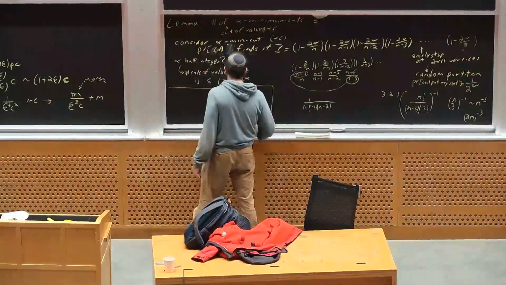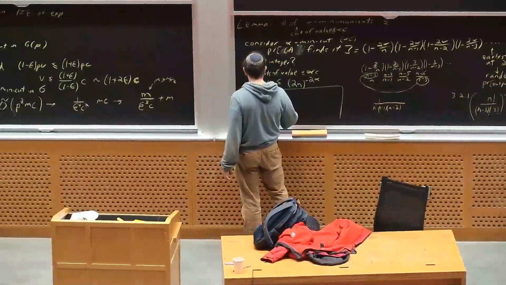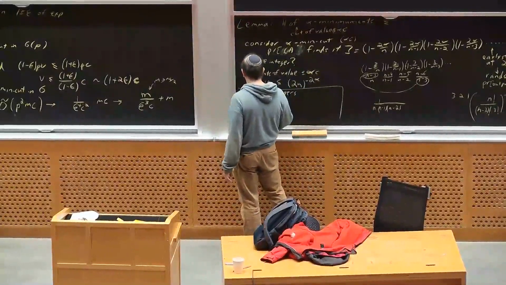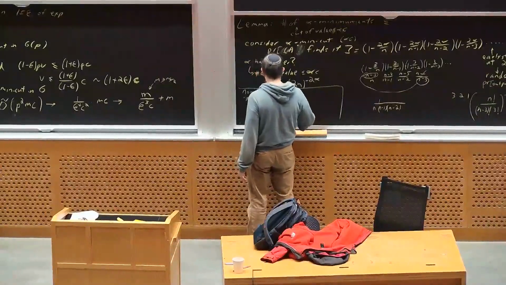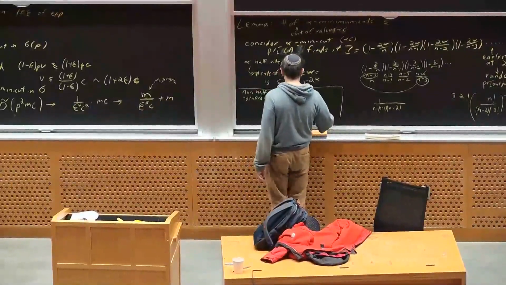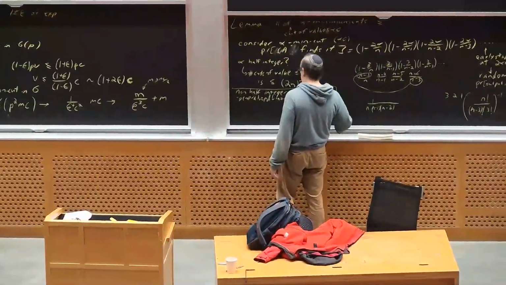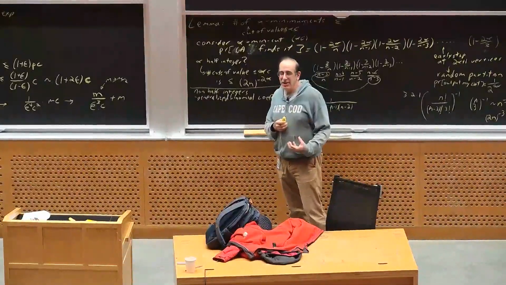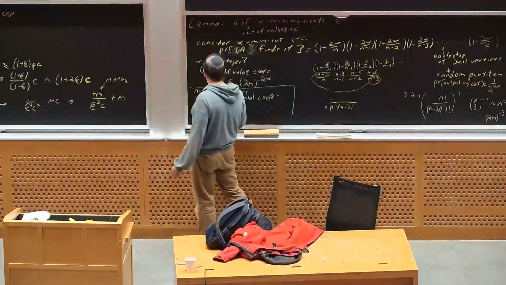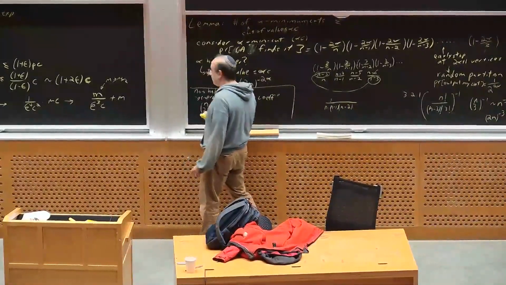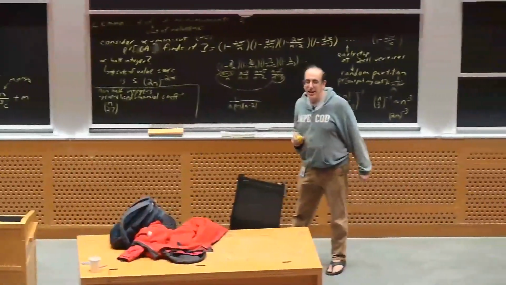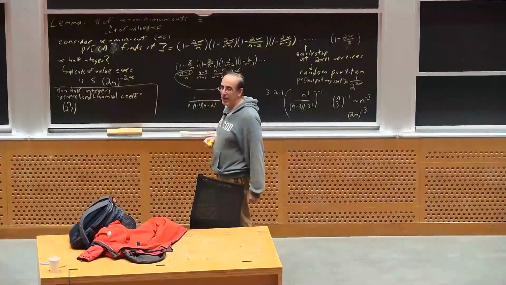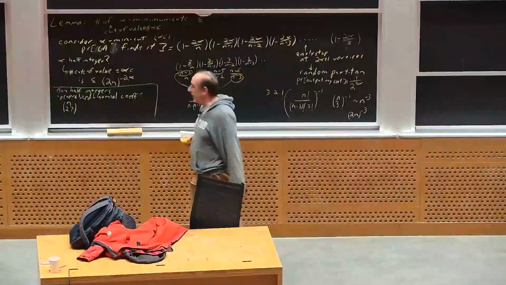If you want to talk about non-half integers, then you just need to use what are called generalized binomial coefficients, which are binomial coefficients where the second number is not an integer. So you can talk about something like n choose 2.7, and n choose 2.7 will be the number of cuts whose value is less than 1.35 times the minimum.